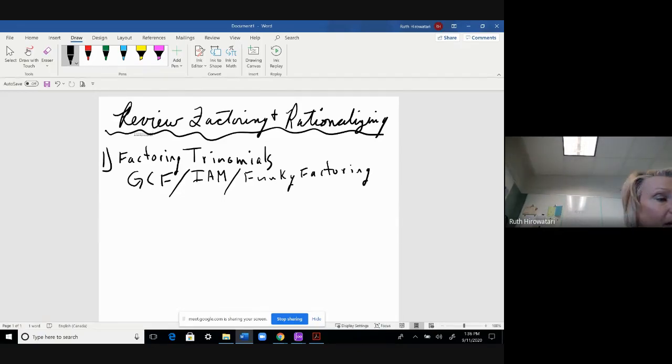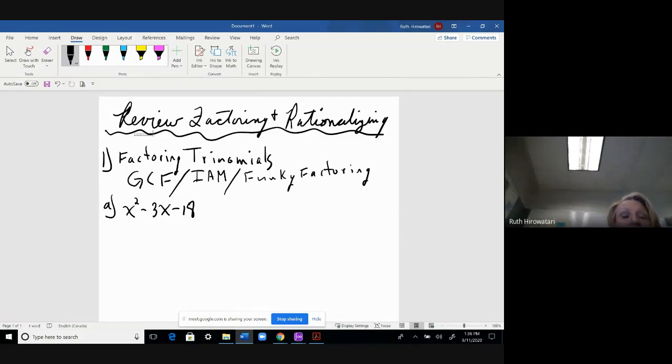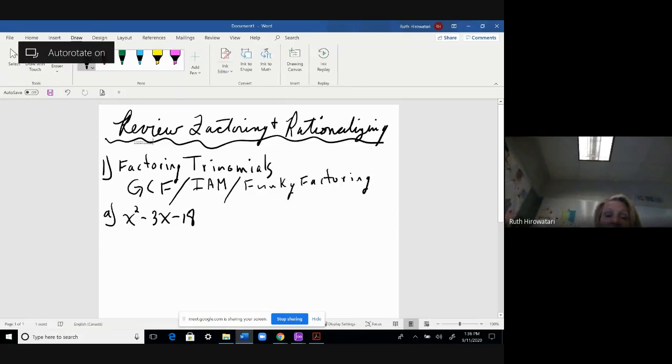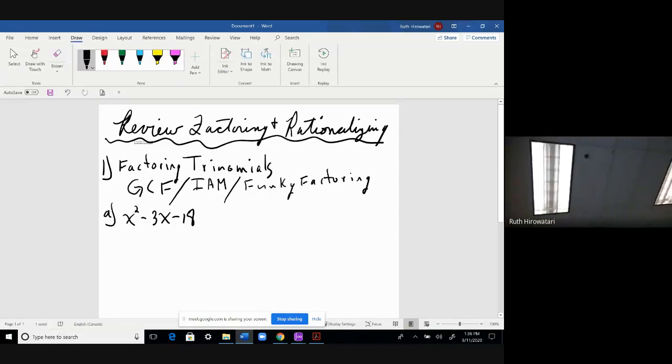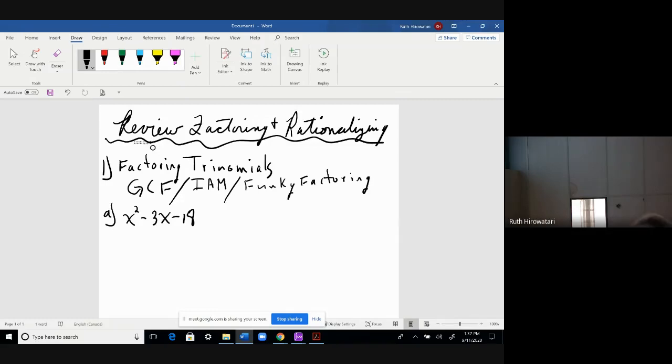I'm going to give you 3 quick examples. x squared minus 3x minus 18. When I'm factoring, the first thing I ask is, is there a GCF? There isn't. So I go to the next thing in my list: is the leading coefficient 1? It is. So now I just need two numbers that add to -3 and multiply to -18.